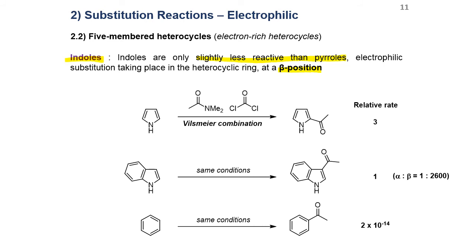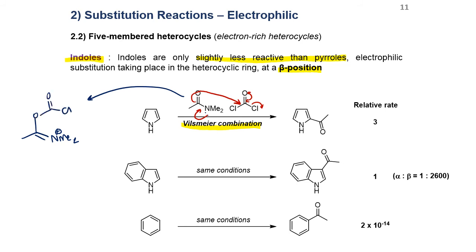So if you look at this Vilsmeier combination, these two reagents can react with each other by nucleophilic addition of this oxygen to the carbon here, kicking out the leaving group, and then forming N double bond NMe2 plus.